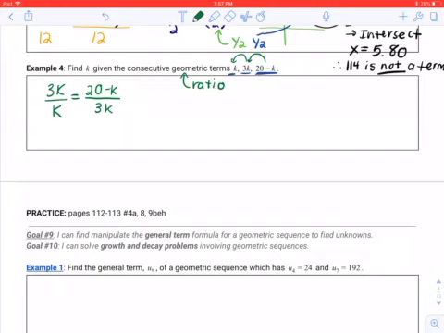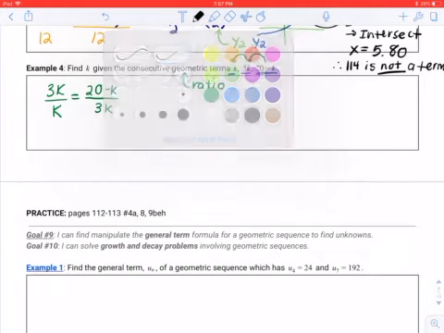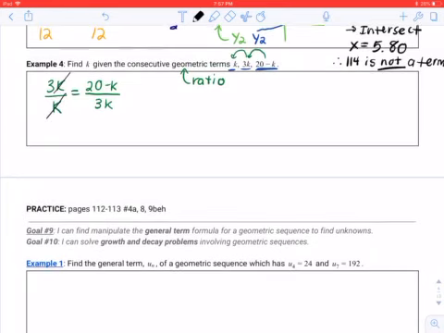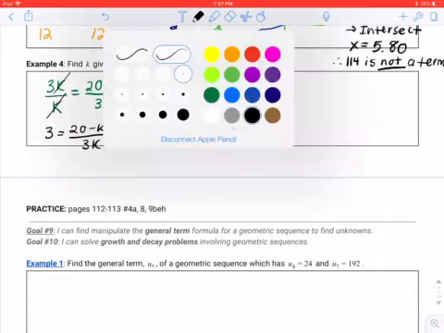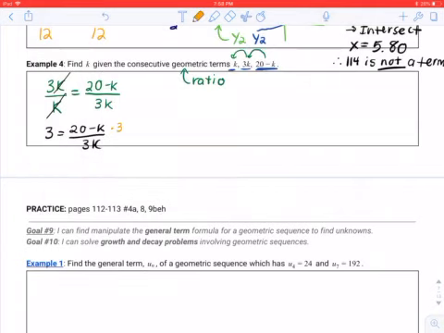I've set up a bit of a system of equations here. Probably want to simplify my left side, noticing that they both have a common factor of k. So I end up with 3 equals 20 subtract k over 3k. Probably want to try not to have any fractions there. Maybe think about multiplying both sides by 3k in order to cancel these out.